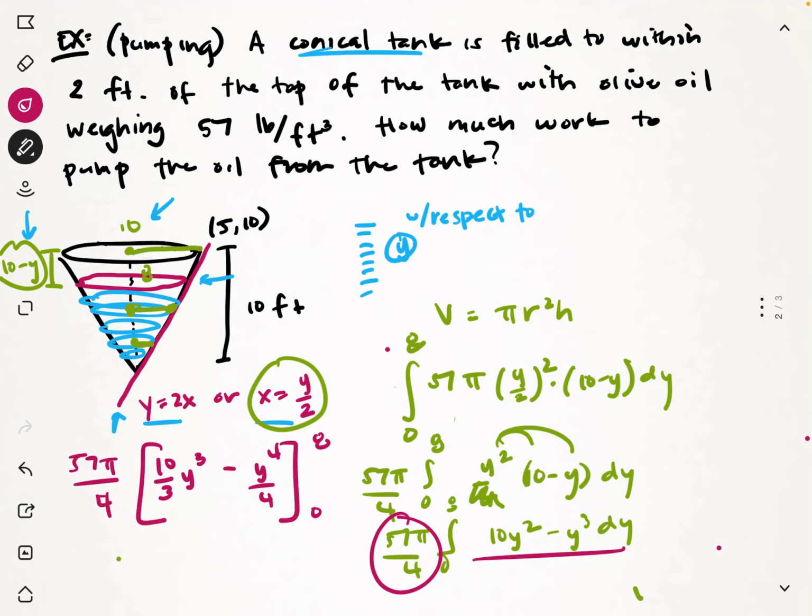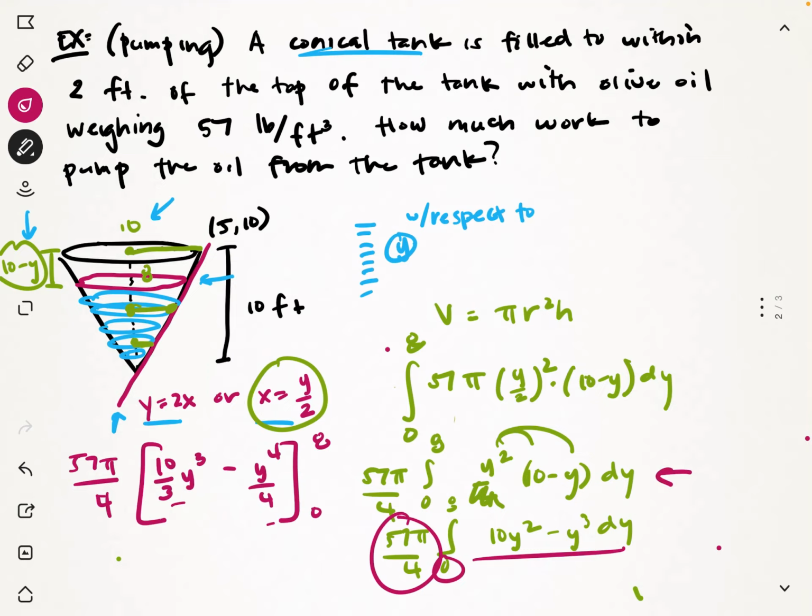In fact, you might have been able to just do it in your calculator from this point once we set it up, but let's go ahead and do it. The nice thing is when we plug in 0, we're not going to have to do it because this is going to be 0 and this is going to be 0, so let's just calculate the 8.